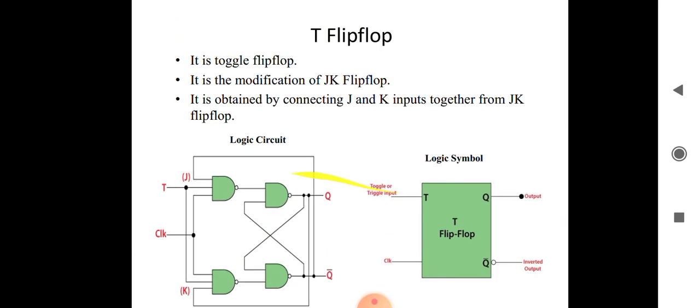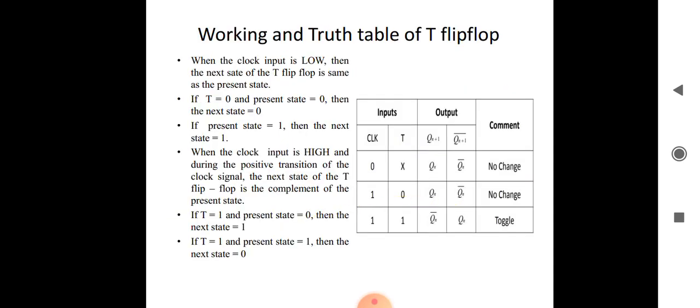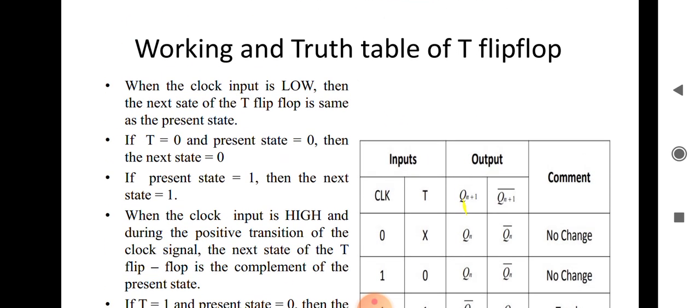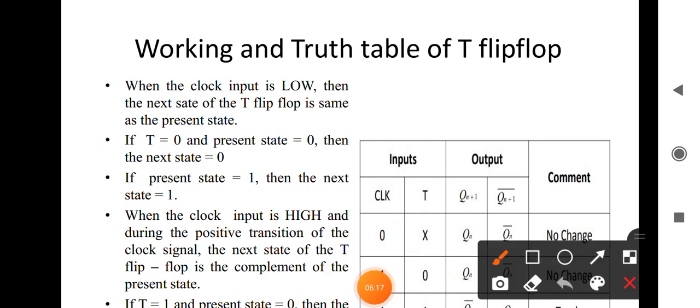Now let us see the truth table working of this T flip-flop. The working of the T flip-flop will be similar to the JK flip-flop, but see what happens if T is equal to 0. If the present state is 0, the next state is also 0. If the present state is 1, then the next state is also 1.